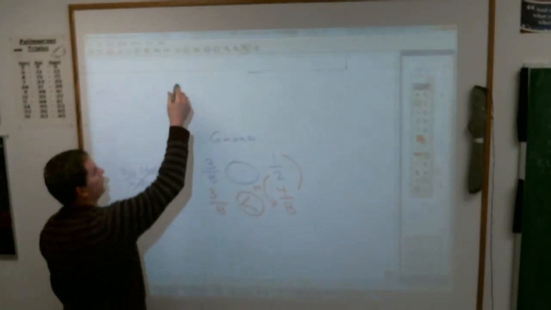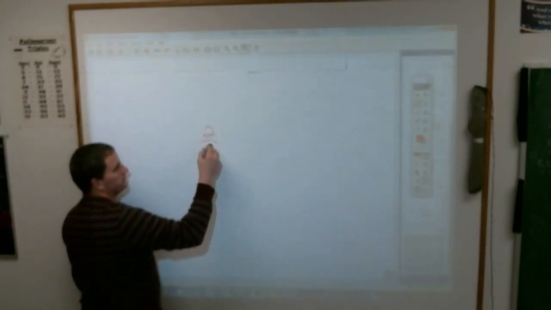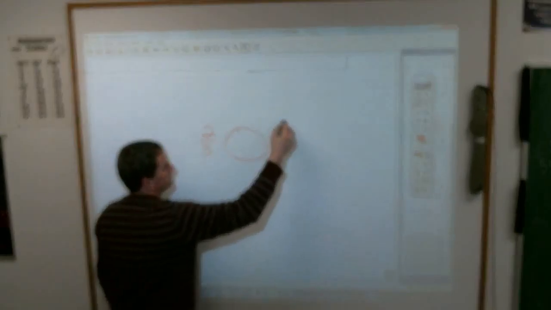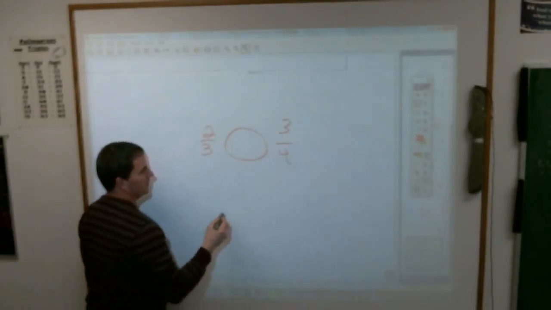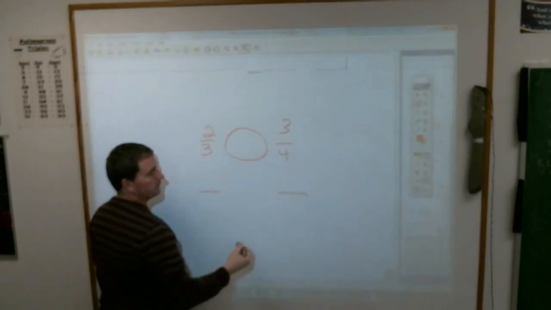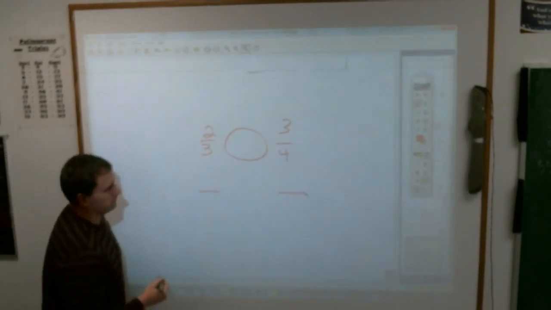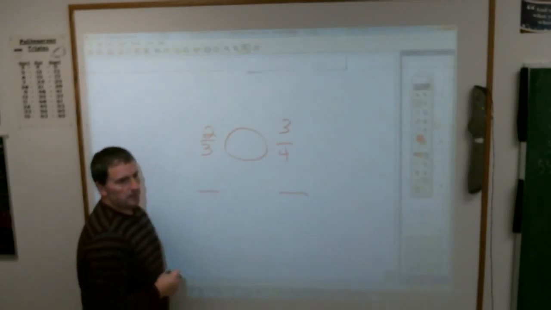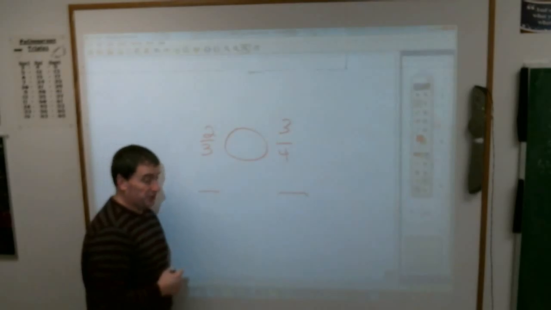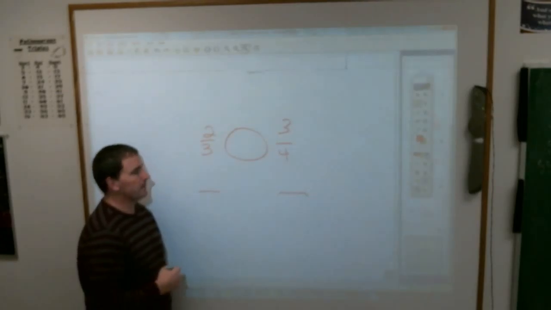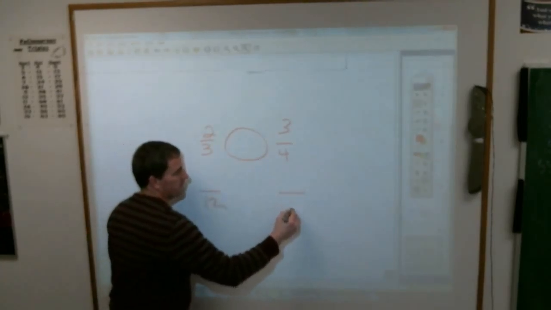Another one. What about 2/3 compared to 3/4? What's your common denominator of 3 and 4? What's the smallest thing that 3 and 4 will both go into, Brooklyn? 12. So 12 is your bottom number.